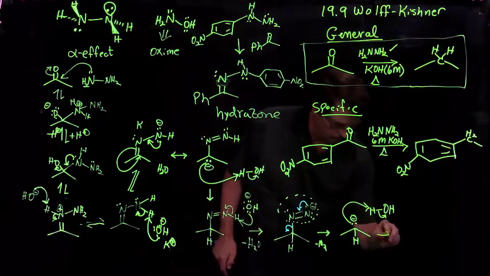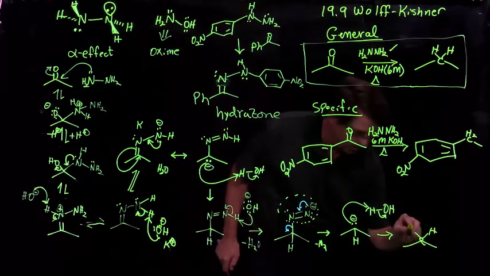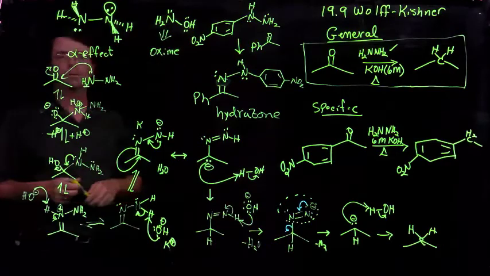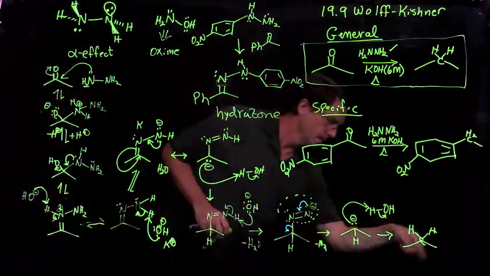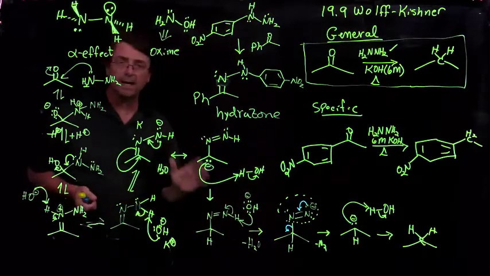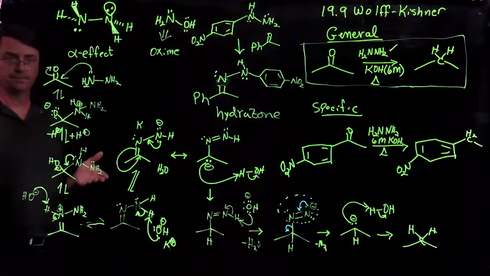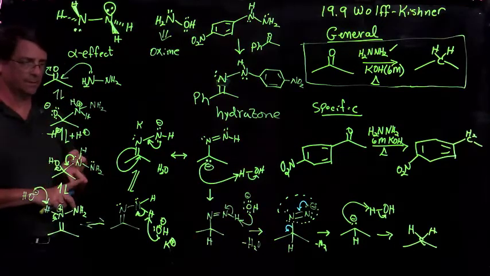And now we have replaced the carbonyl oxygen around here with a CH2. That's what I call a mechanism-based reduction. So it doesn't involve hydrogen gas. It doesn't involve electron transfers.